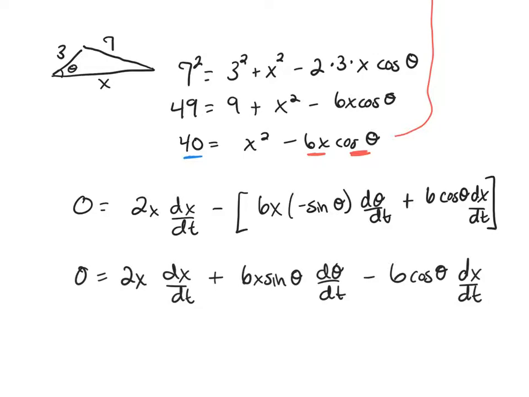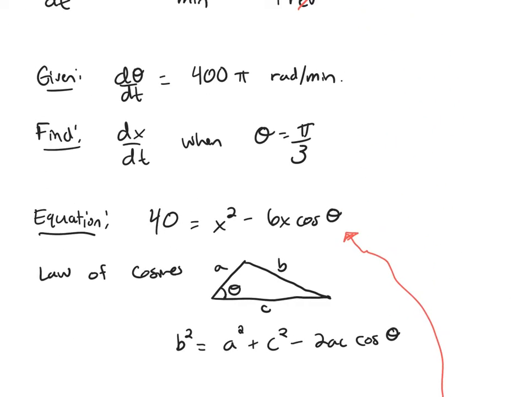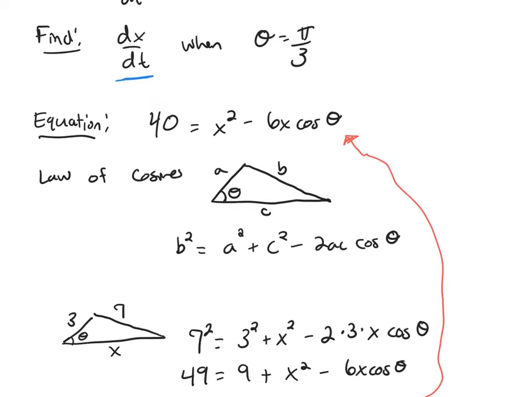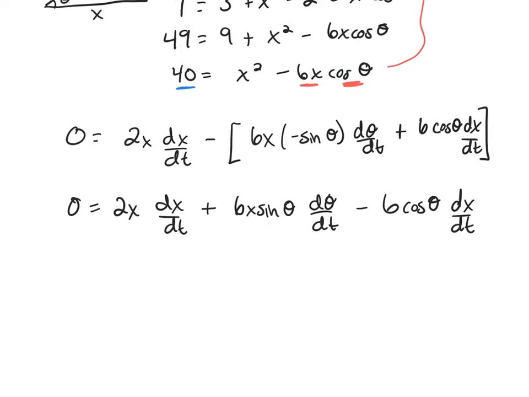So what are we trying to solve for? Go back to the beginning of the problem. What did I need to find? dx dt. So this is what I need to find.